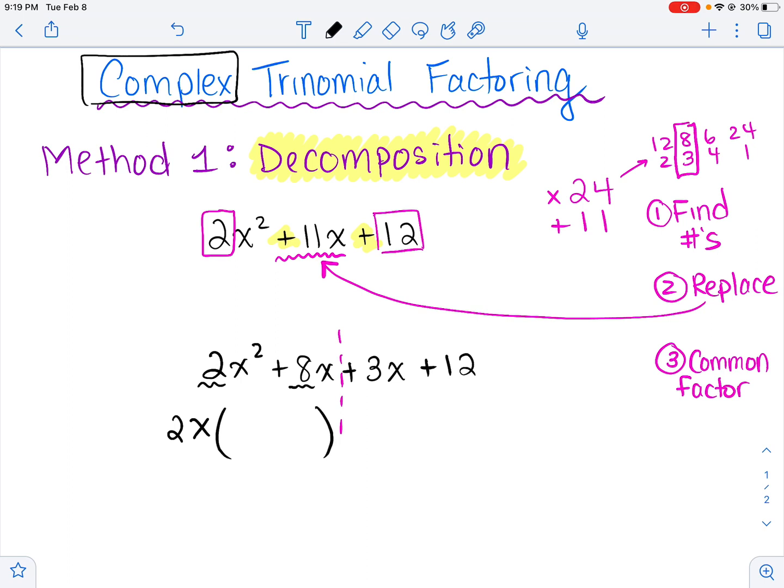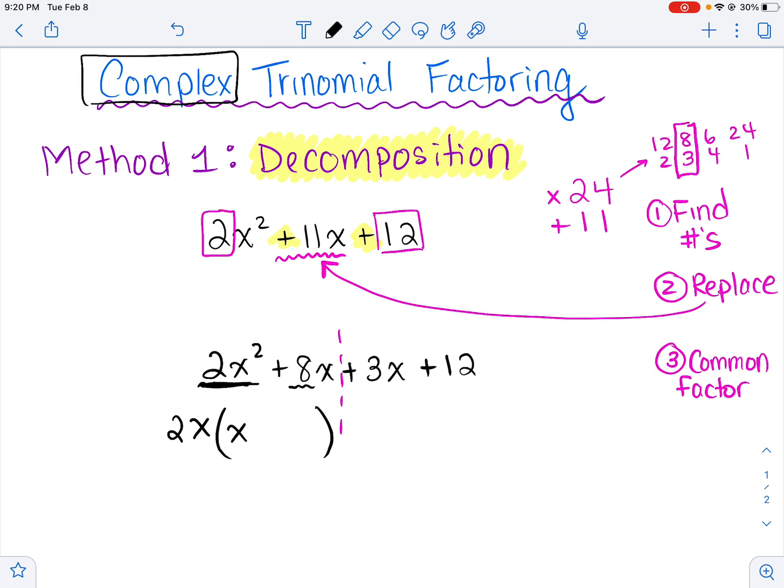So let's common factor. From the first term, 2x squared divided by 2x, I would be left with just an x. I'm taking a 2x out of 2x squared. My next term, 8x, I divide by the thing I'm common factoring.